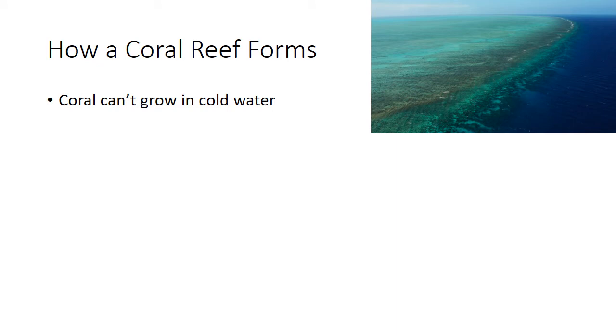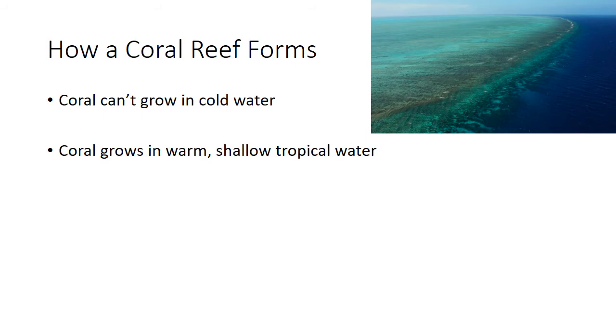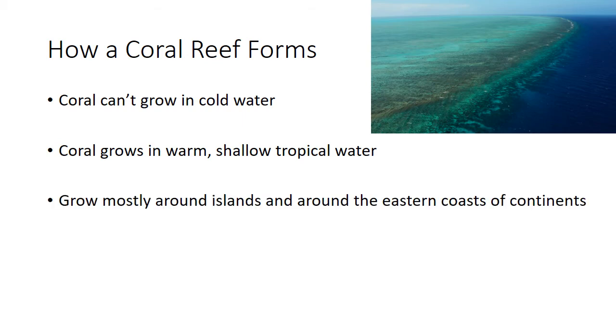Coral can't grow in cold water. It needs warm, shallow tropical water. So mostly coral will grow around islands and around the eastern coasts of continents.